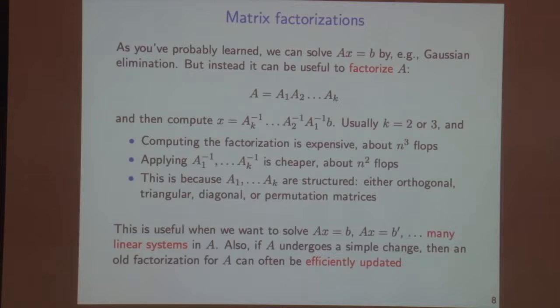If the difference between A prime and A is kind of minor, then we can update the factorization efficiently. So not only does it help us to solve many linear systems where the right-hand side changes, we can solve many linear systems where the left-hand side also changes, as long as those changes aren't too drastic. Like a rank 1 change to A we can handle. If you give me one more row or column to A, we can handle that kind of thing.